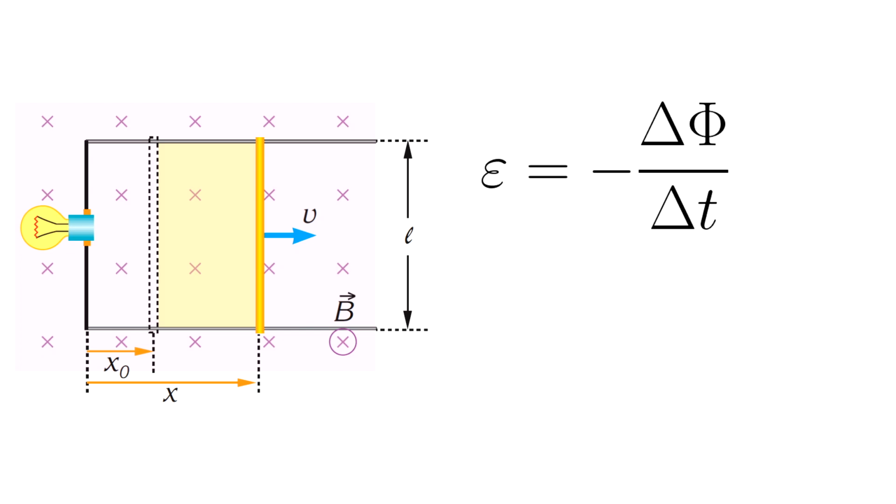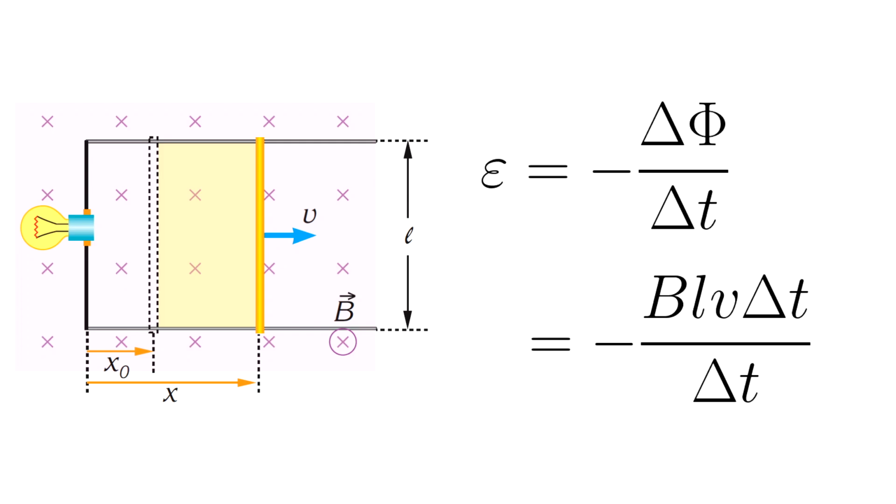And if we substitute the given for the delta x into the equation, we get B times L times V times delta t over delta t. And here it is clear that we can cancel out the delta t at the denominator and the numerator.